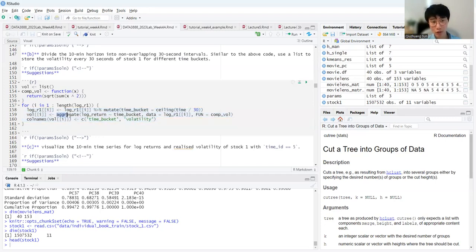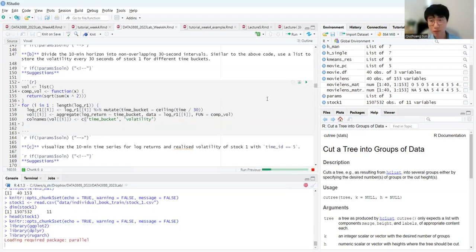Because if you just directly look at the data, you may wonder why we have an aggregate function here. The best way to understand these 3 lines is to set i equal to 1, and then run these 3 lines, and you will see that this essentially computes the realized volatility for each time bucket. Okay, so let me run the code.